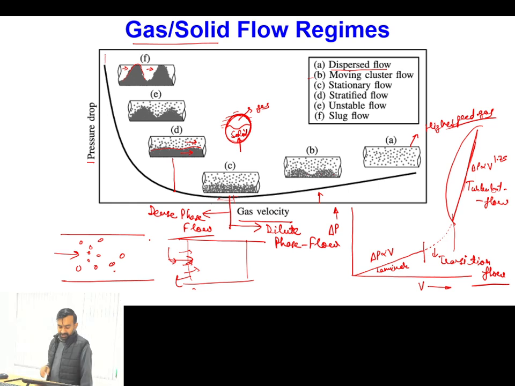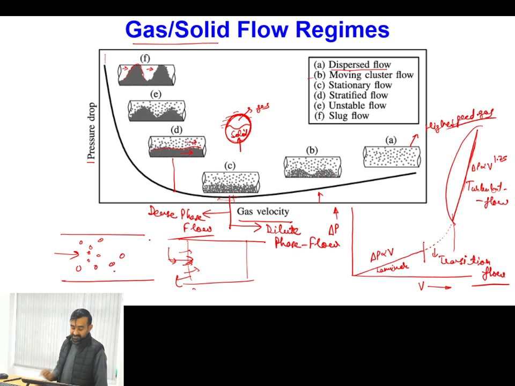So the first important point is that pneumatic transport of fine powders, because of its high pressure drop characteristics, consumes a significant amount of energy in comparison to other modes of transportation such as belt conveyors and bucket elevators.